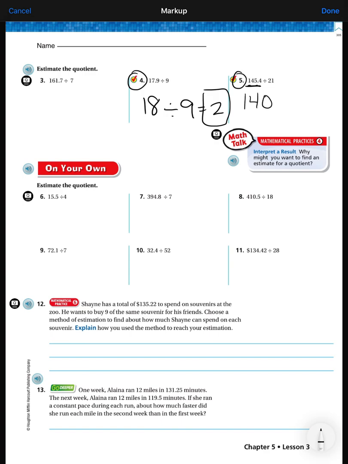That's pretty close to 145. And we change 21 to 20. I can now do this mentally. Ignore the zeros. 14 divided by 2 is just 7. And since we crossed out a 0 on both sides, our estimate is close to 7.